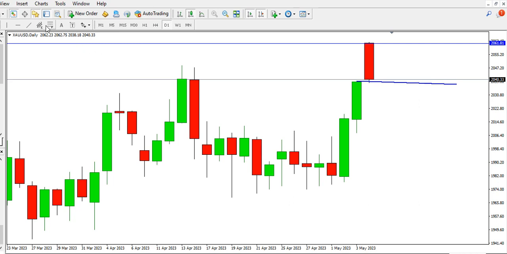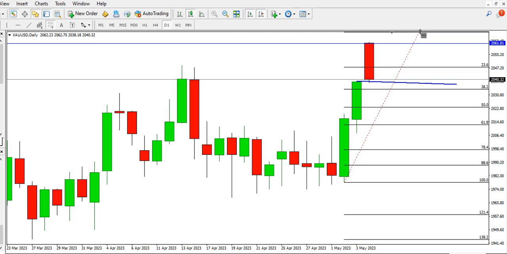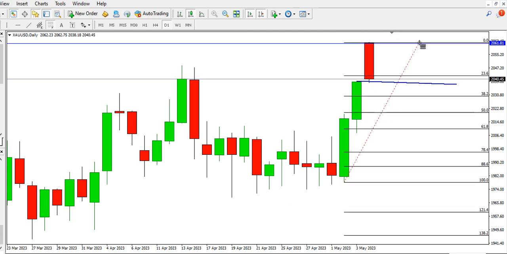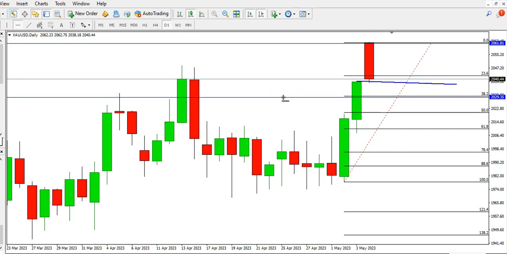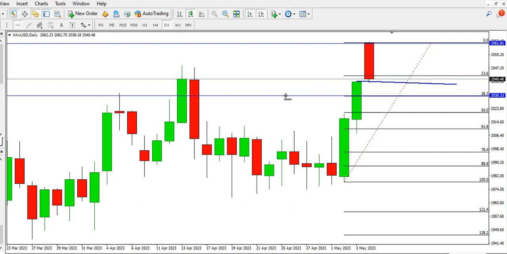And if price is going to drop on the daily time frame, let's look at our Fibonacci retracement levels. Price has gotten to 23.6 and it might drop down to 38.2. That's around 2030, beg your pardon, that could serve as a support for price.